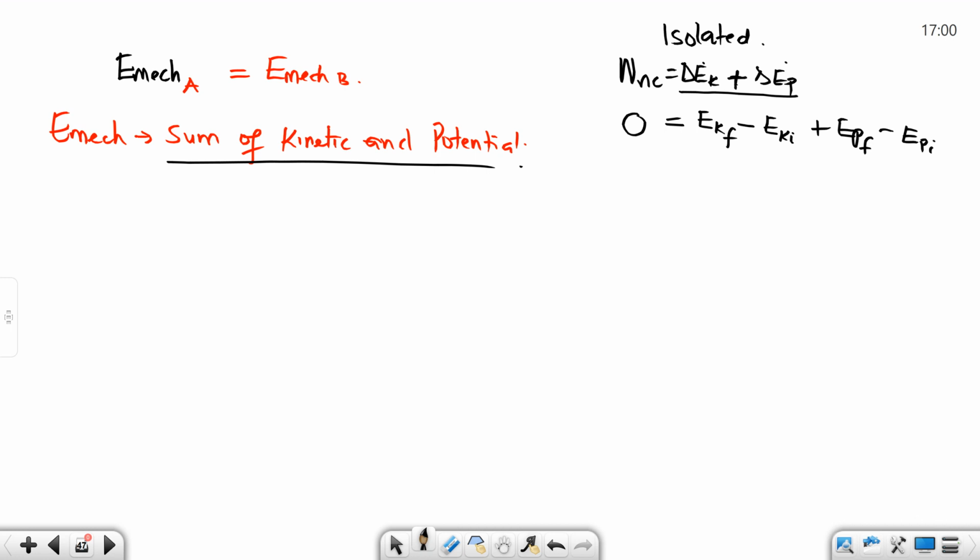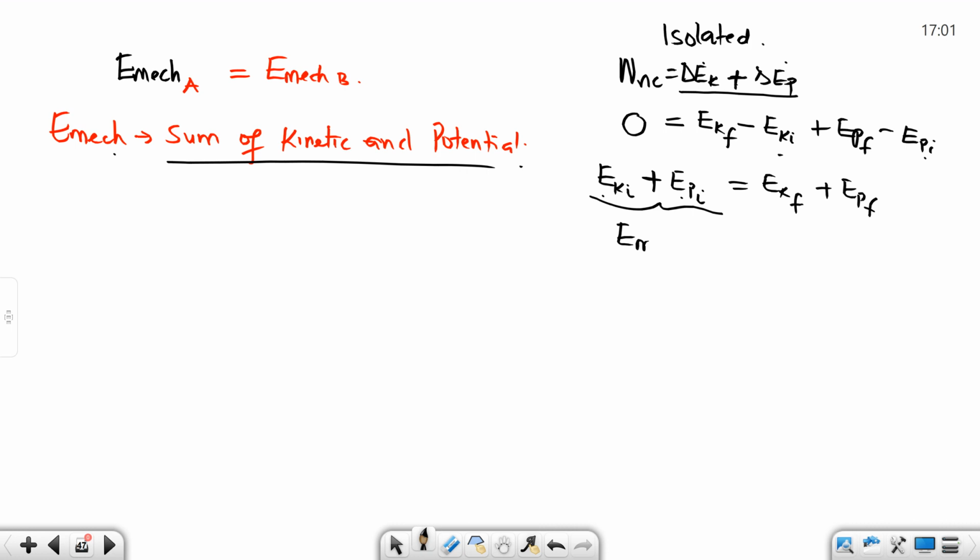Can we move all the initials to the left-hand side? What am I going to have? Initial kinetic energy plus initial potential, equals final kinetic plus final potential. It is the sum of kinetic and potential, and that's mechanical energy.